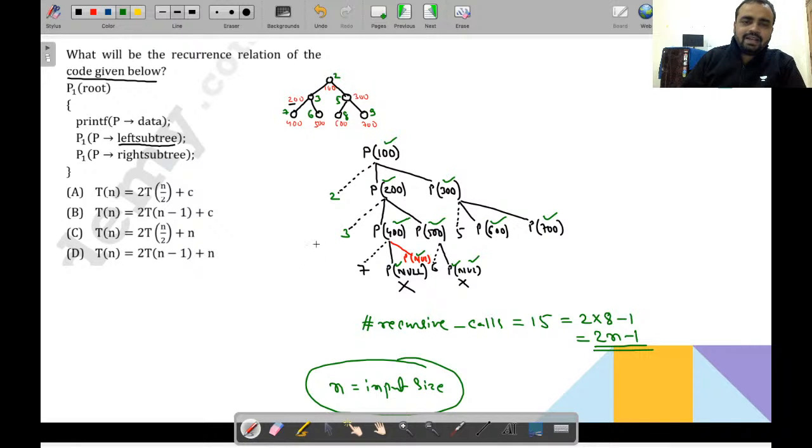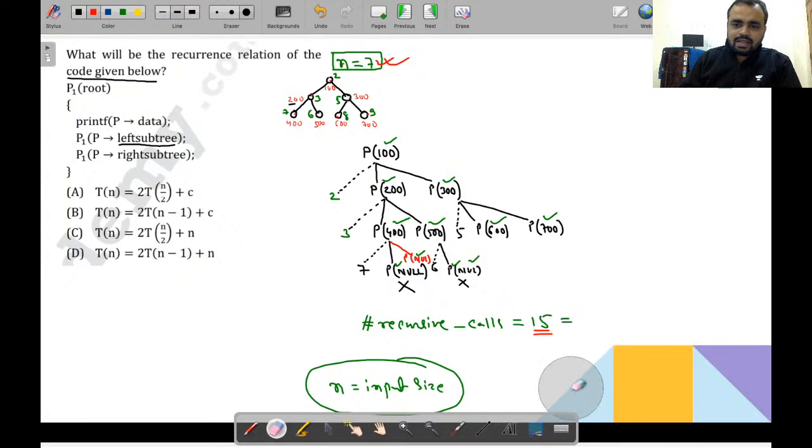In this binary tree, what value of n did we consider? We considered 7. For this particular binary tree we have considered the value of n is equal to 7 because there are 7 nodes: 1, 2, 3, 4, 5, 6, 7. So if n is equal to 7, the number of recursive calls you are getting is 15.